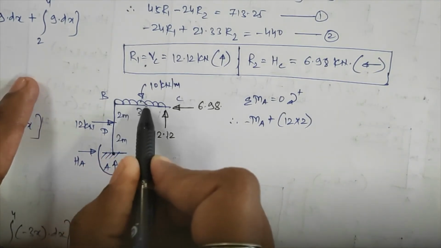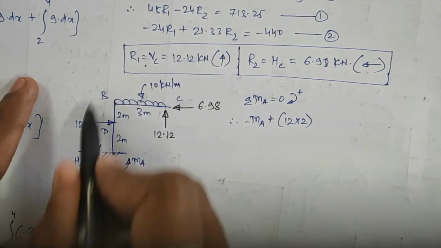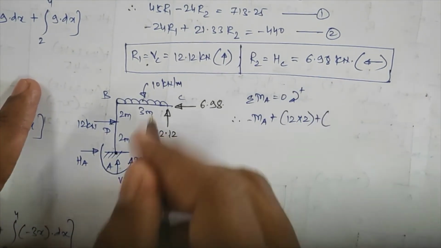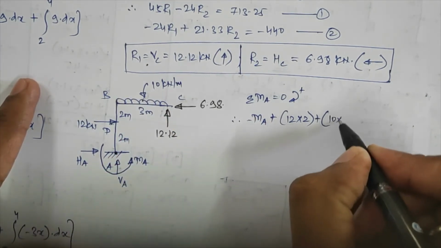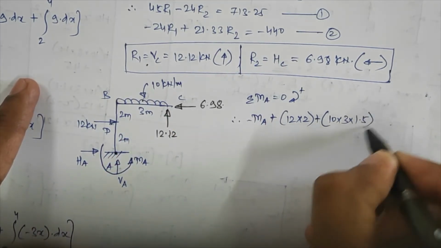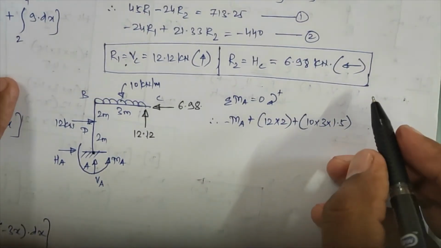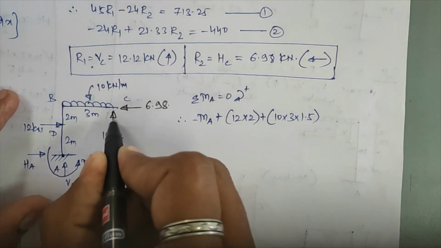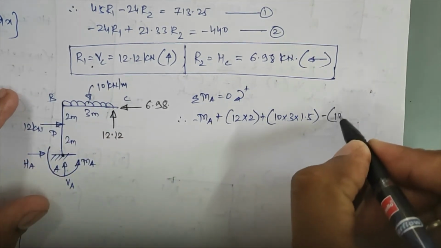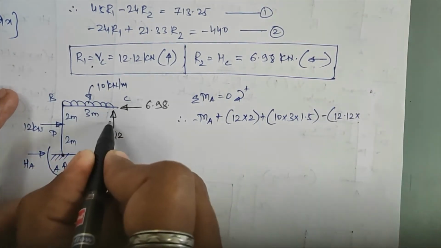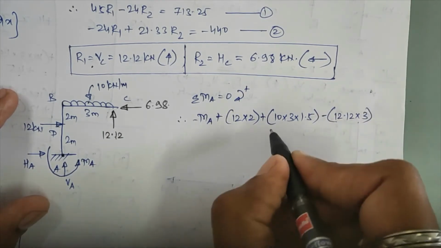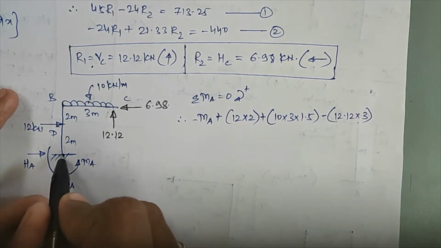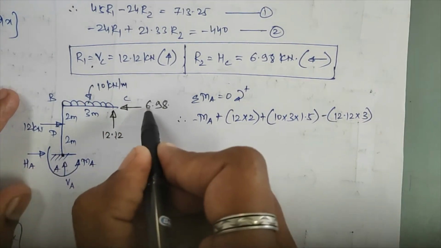Next, moment of this UDL about point A, again clockwise, so positive: 10 into 3 into 1.5, that is half of 3. Next, moment of this 12.12 about point A will be anti-clockwise, so minus 12.12 into perpendicular distance 3. Next, moment of 6.98 about this point A, that will be how much?